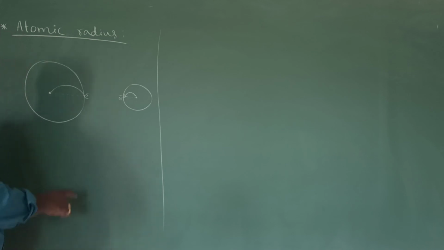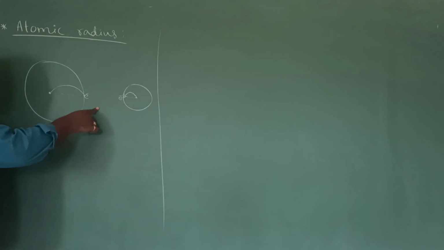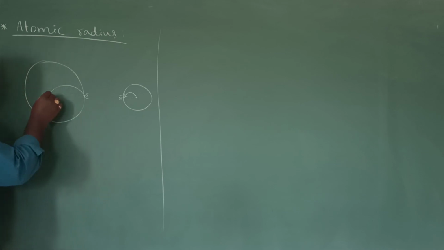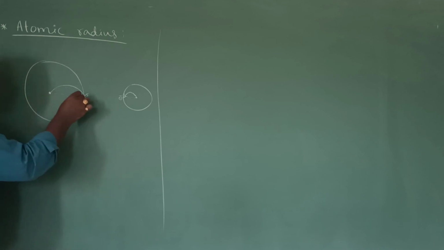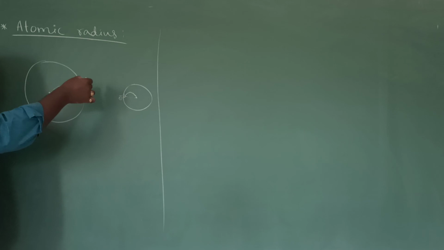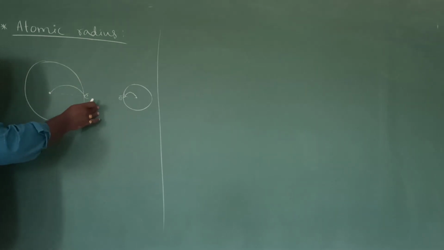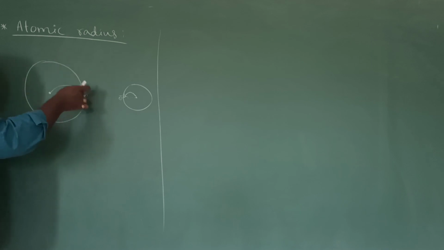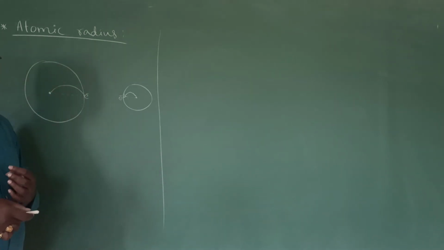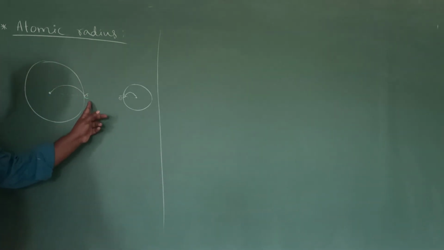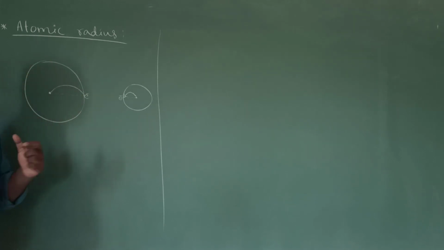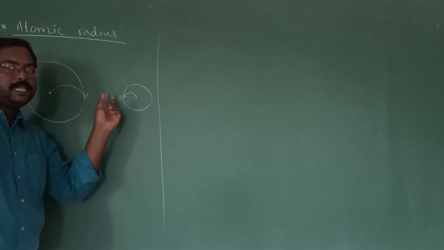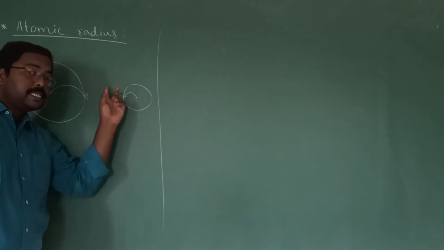In this case, larger the size means what? The number of shells will be more. So the distance between the nucleus and the outermost electron is more. It is far away from the nucleus. So automatically the effect of nucleus on that electron will be less. So this electron cannot be strongly attracted by the nucleus. But in this case, the smaller the distance, the effect of nucleus is more.